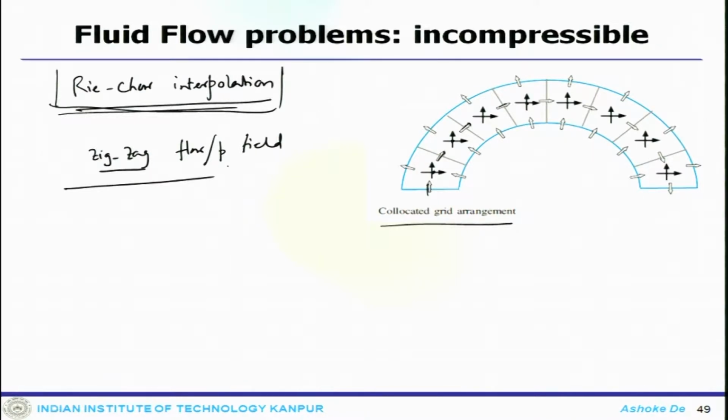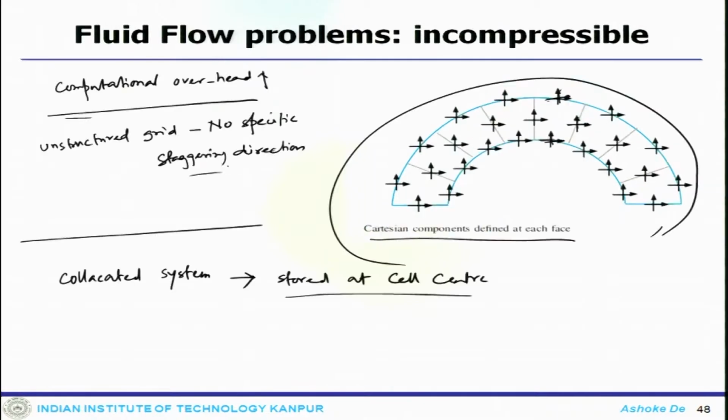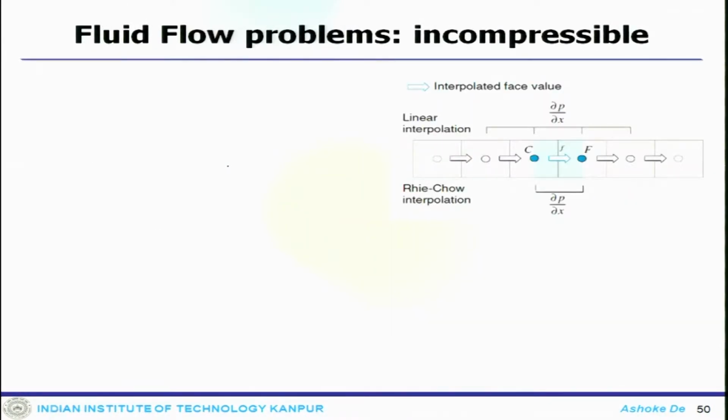Now one can see how this is essentially equivalent to a constructed arrangement. We have taken a one dimensional stencil where everything is stored at the cell center, and these are the flux components, and we use this Rhie-Chow interpolation.